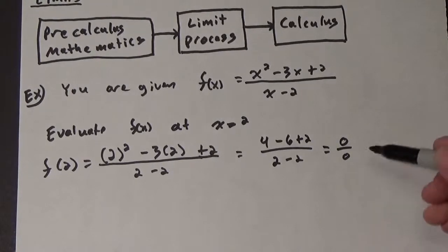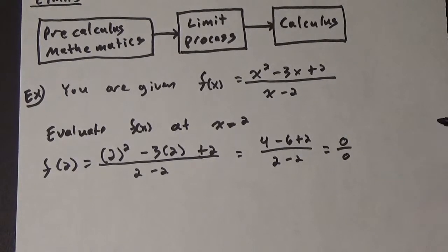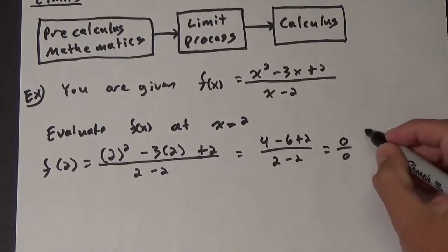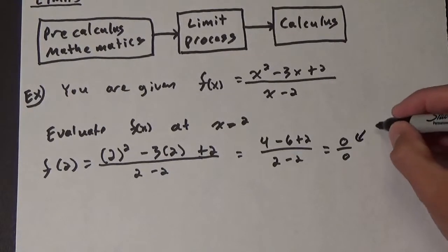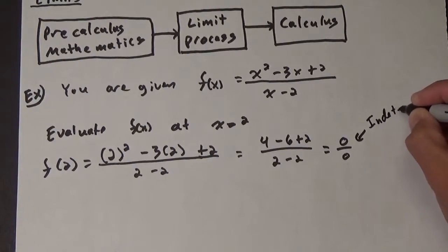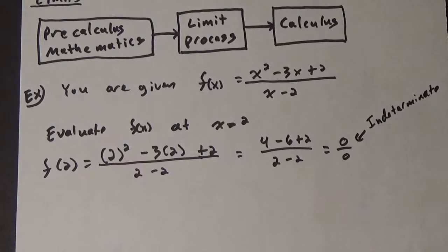Now, we know we can't divide by 0, and we always call that undefined. This is actually a more specific case. This isn't undefined, this is indeterminate. And that is also not allowed in mathematics. We can't determine what the answer to this is.